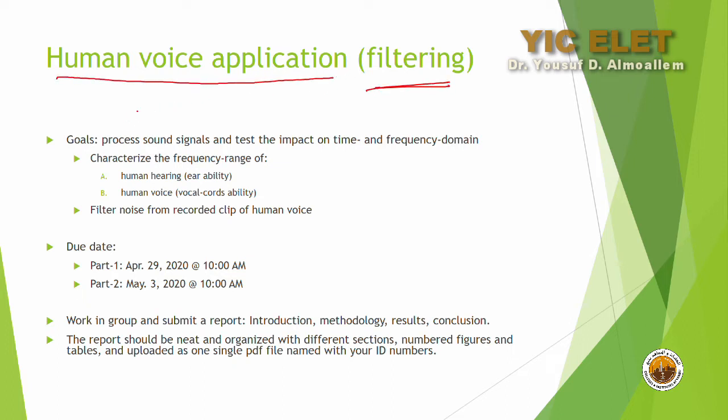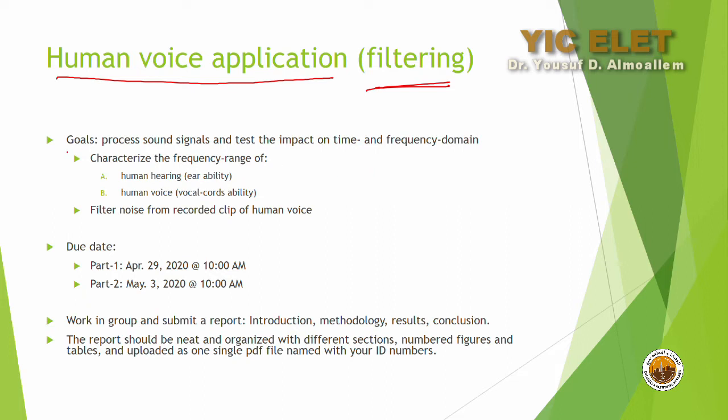In this course, I want you to understand the concept of filtering in the time domain as well as in the frequency domain. So this project will connect you to real life from different perspectives, and it will connect you to the different courses and to the applications in the work after your study.